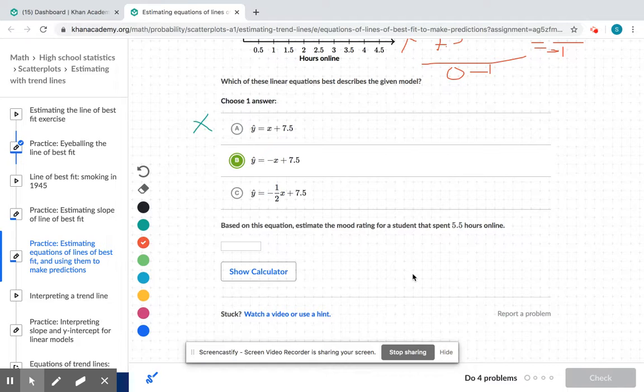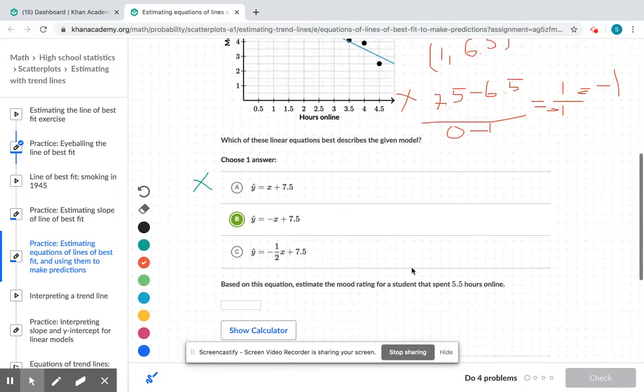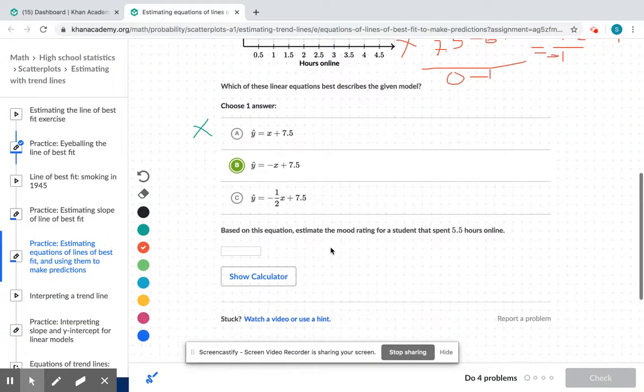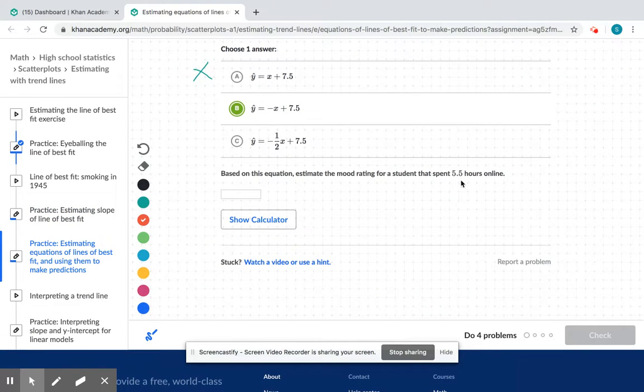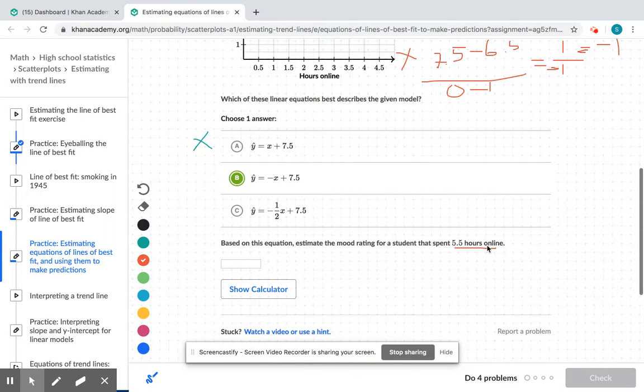So now the last part of this, it says based on this equation, estimate the mood rating for the student that spent 5.5 hours. Now that goes off the graph, but that's no worries. So I know that 5.5 hours represents the x value. So I'm going to take my equation and plug it in for the x value.